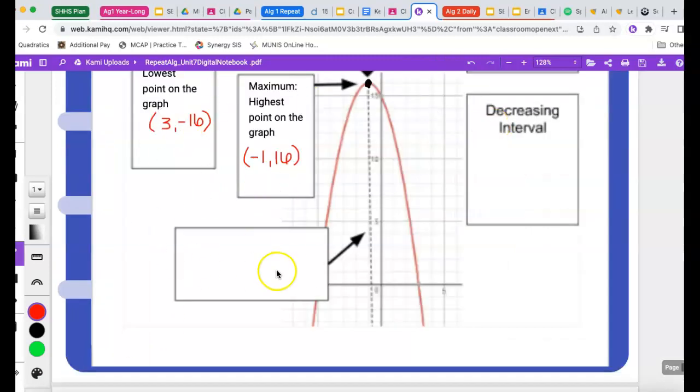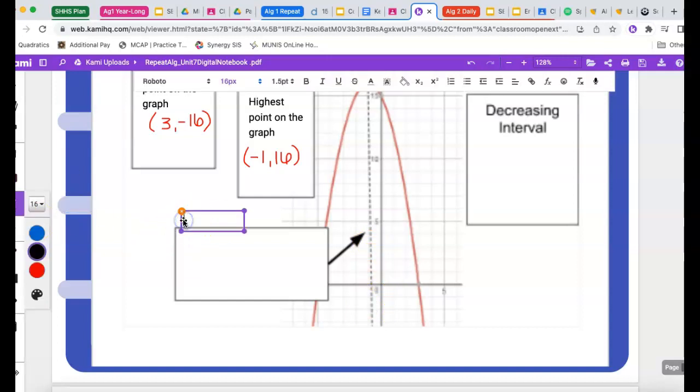All right, so now we're looking at this one. So this box is pointed to this dotted line. So this dotted line right here is the line that cuts the graph exactly in half. And that's called the axis of symmetry. Symmetry meaning it's the same on both sides.